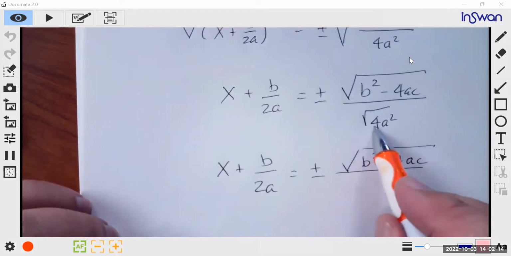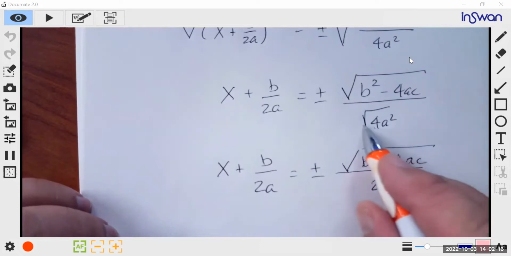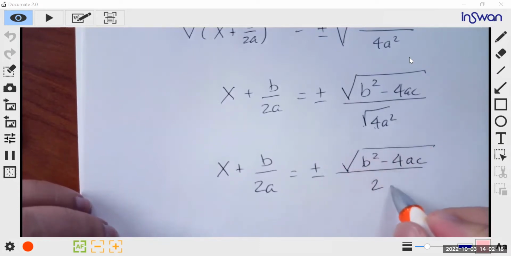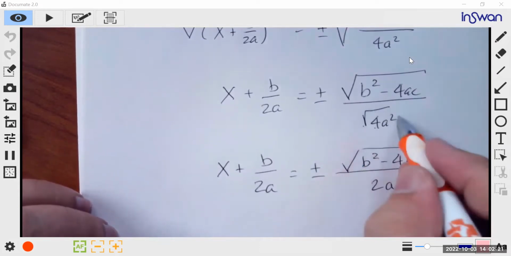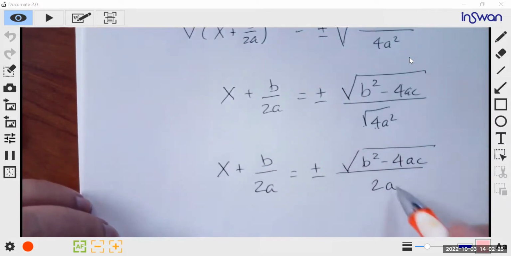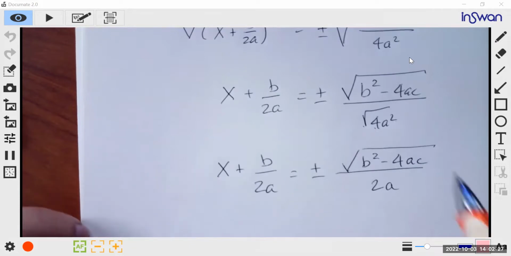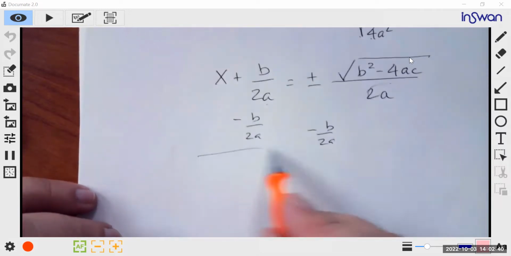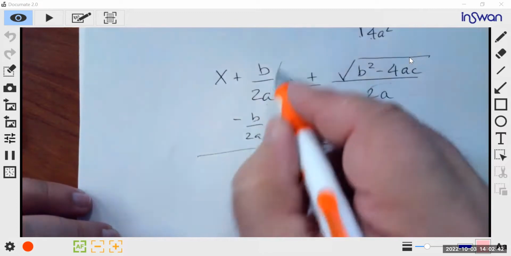The square root of 4 is what? Square root of A squared? No, the square and the square root cancel. A, yeah. So the square root of 4 is 2, so it's 2A, which is good because that's what we have over here. Now we move it over. Subtract B over 2A from both sides.